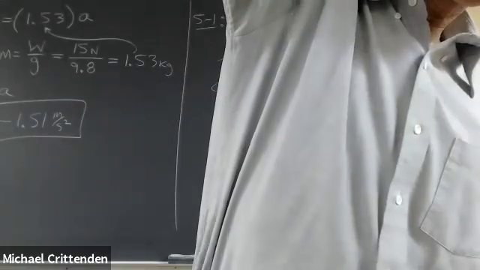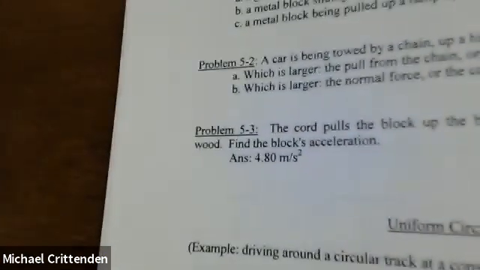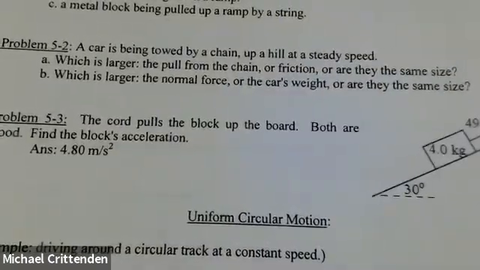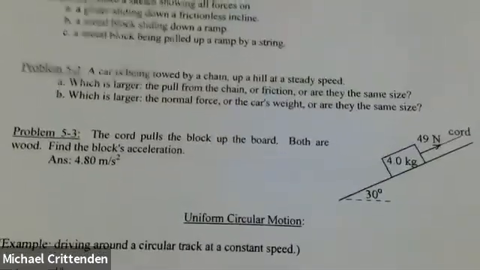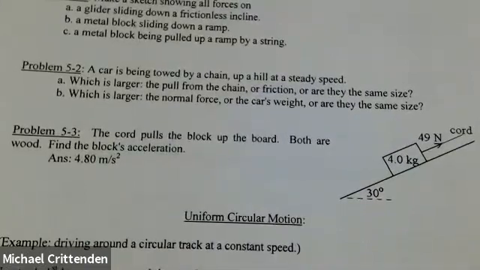Well, let's see what's further down the page. Another conceptual question before we get to the one with the numbers in it. So, a car is being towed by a chain, which incidentally is not the recommended way of towing a car.